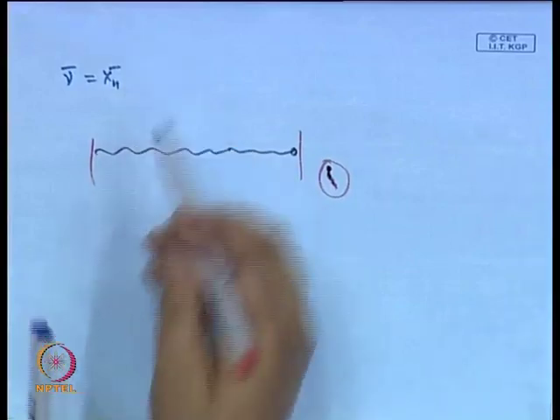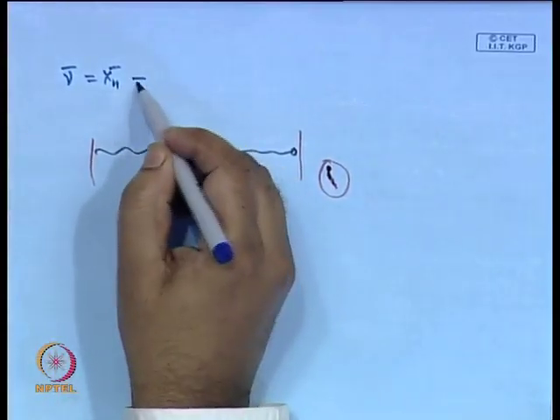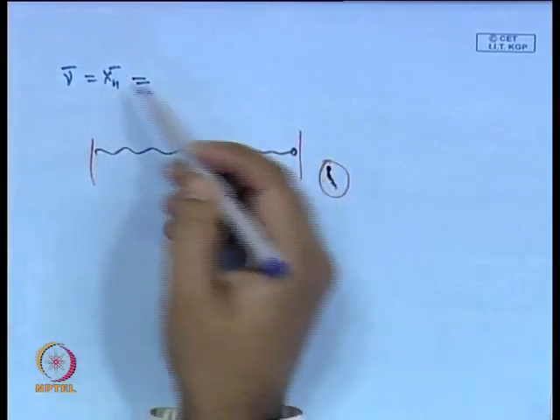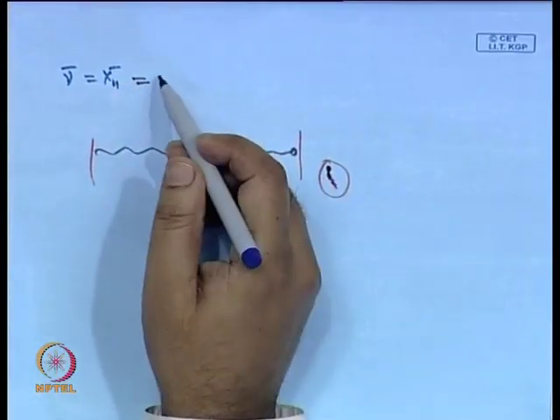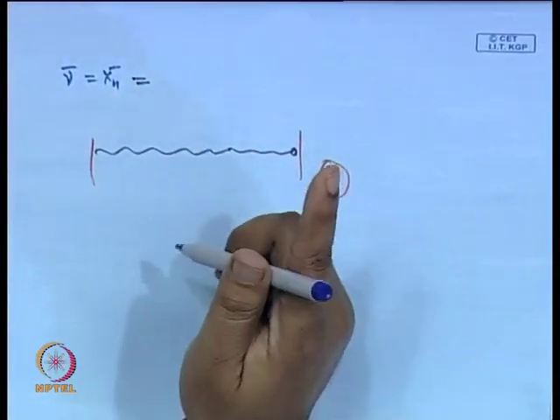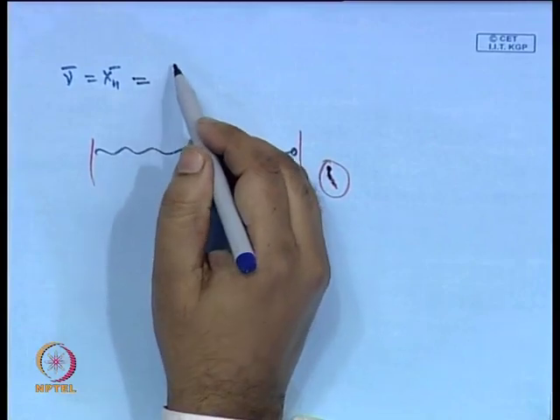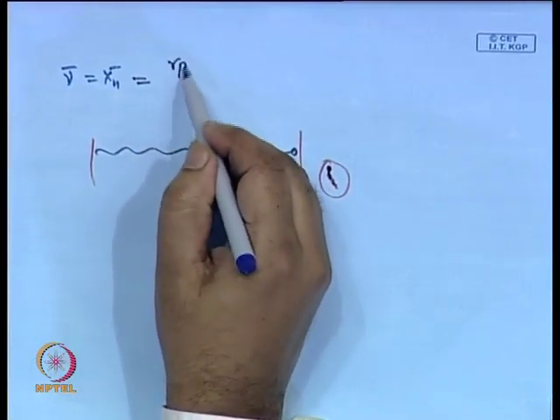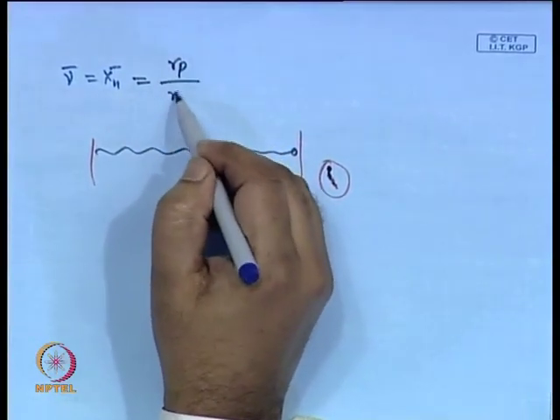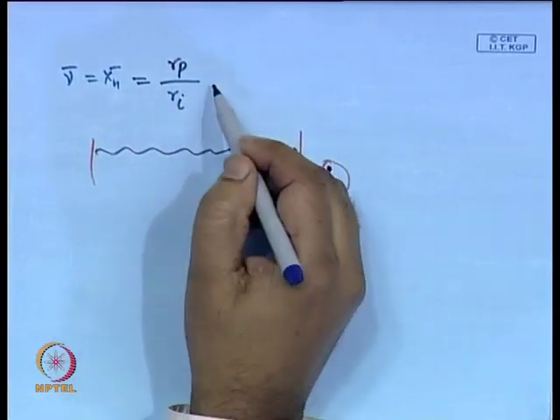So, we can write Xn, the degree of polymerization, and the polymerization is forming in a particle. So, we can write it as the rate of polymerization over the rate of initiation in a particle.